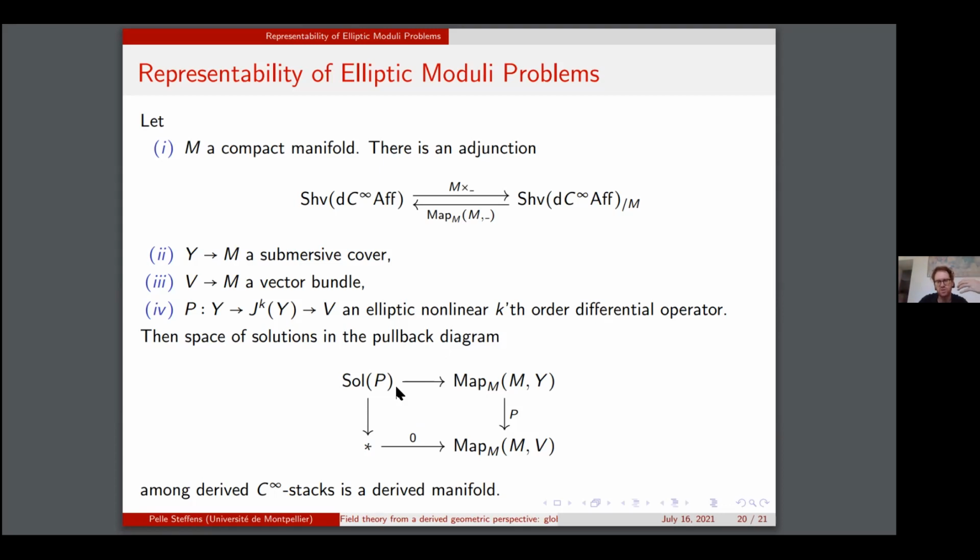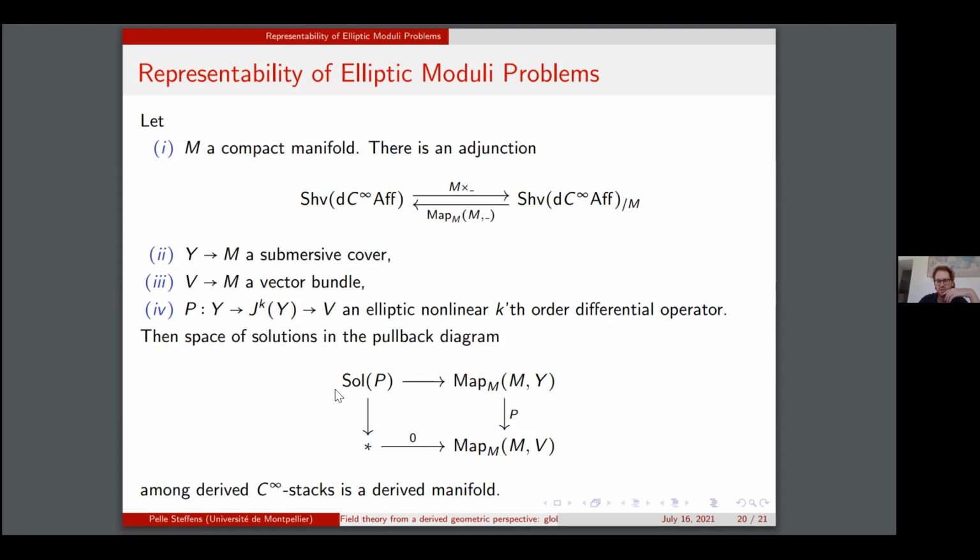That's an upshot, because in other approaches to this sort of geometry, what people do is they start with the set of solutions of the differential equation and then ask, okay, what kind of structure can we put on this? Is it a manifold? Is it maybe something slightly more general?